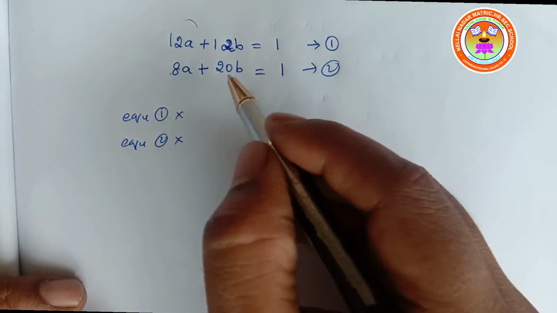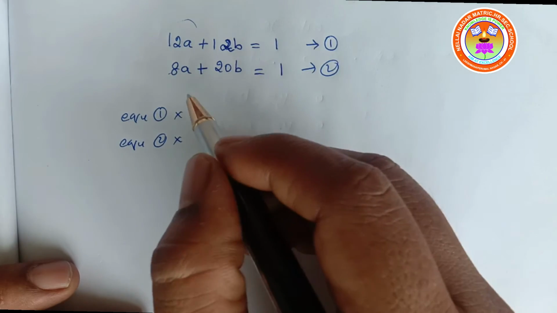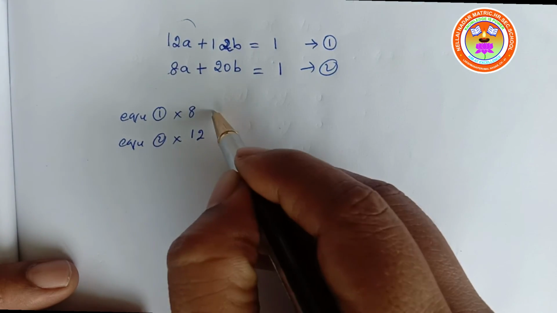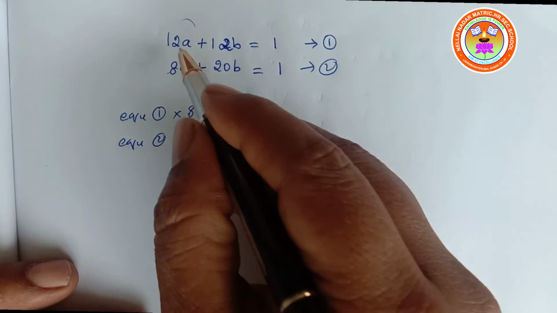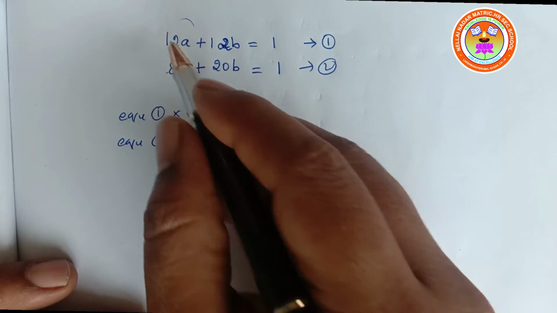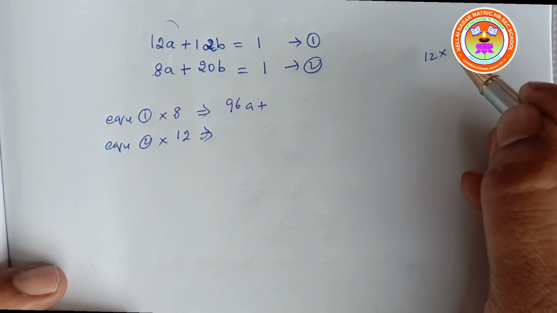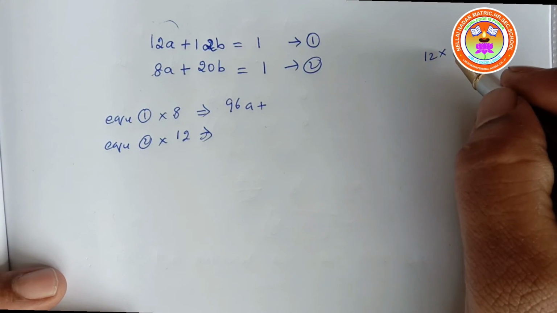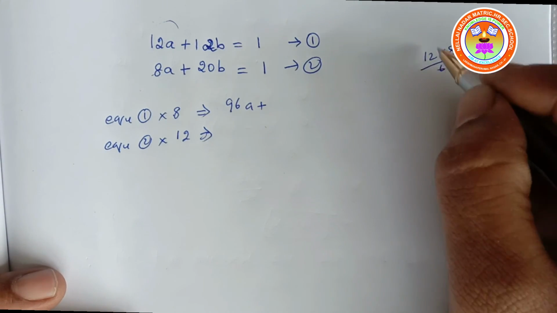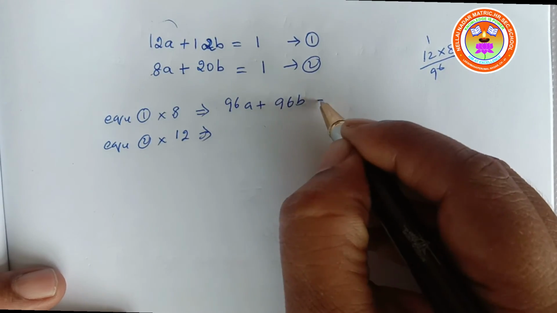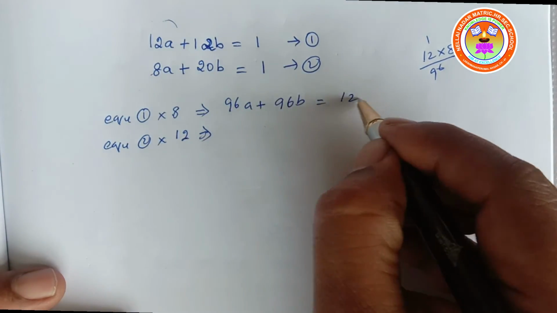It's not a problem, cross multiply. So if I want to cancel this, first equation into 8, second equation into 12. 8 2s are 16, carry 1, 8 plus 1 9, 96a plus 12 into 8, 8 2s are 16, 8 96, 96b is equal to 12 into 1 12.